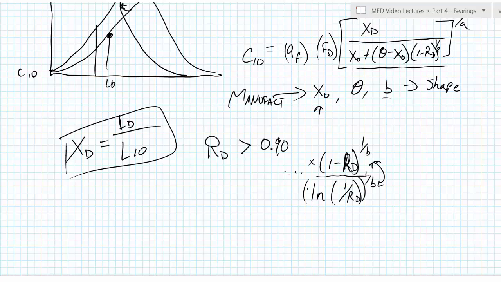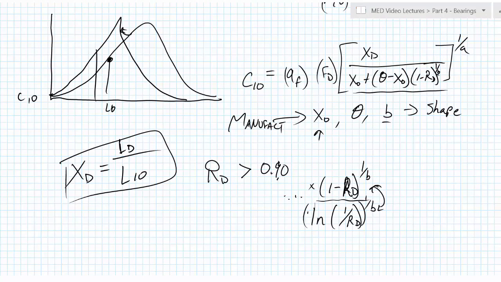You'll come up with very similar values, and the error is going to be very small. So we'll simply do this, and it will push us to be picking a higher reliability, a higher catalog rating than we would have if we simply ignored this Weibull distribution and picked it based on the life ratio that we want to be at.